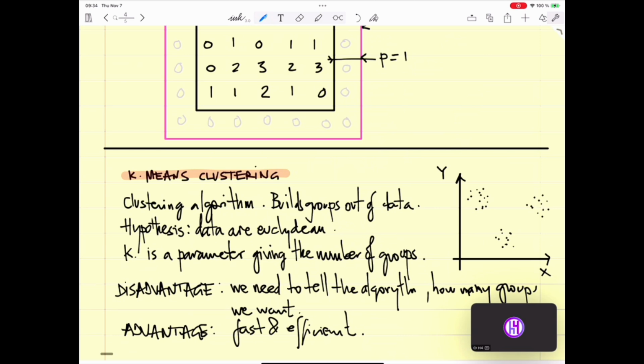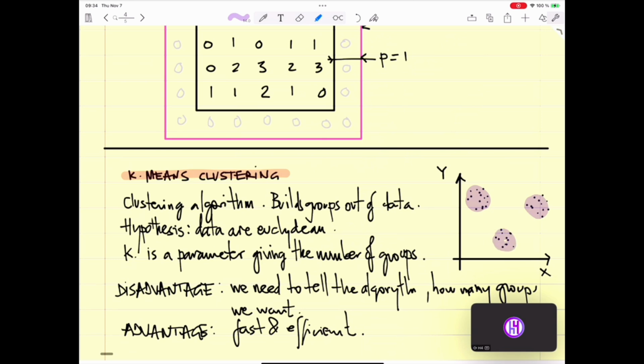So you are Amazon, and you want to know how many groups you have, or who belongs to which group, to make sure you deliver to one group with one supplier and so on. So it is obvious, at least intuitively, that this group belongs together, this belongs together, this belongs together.